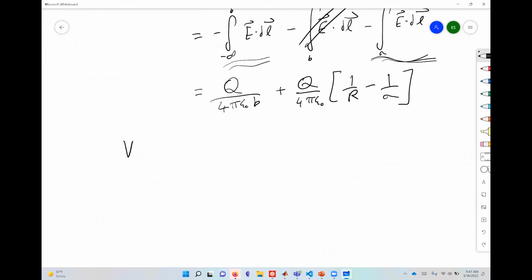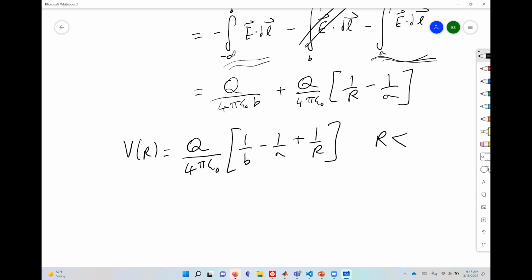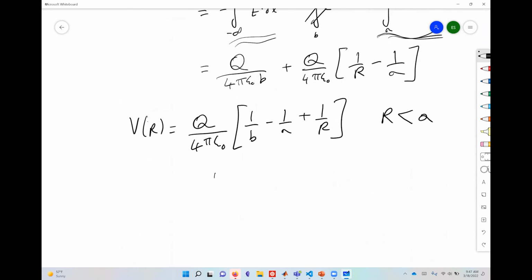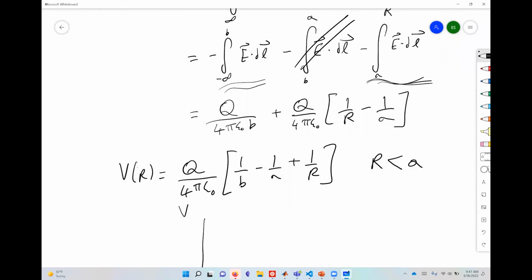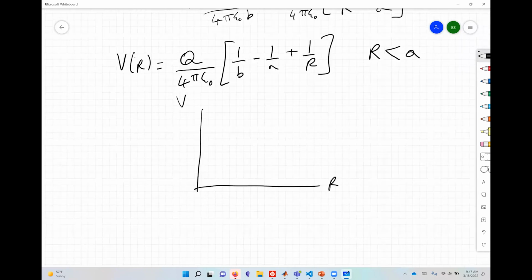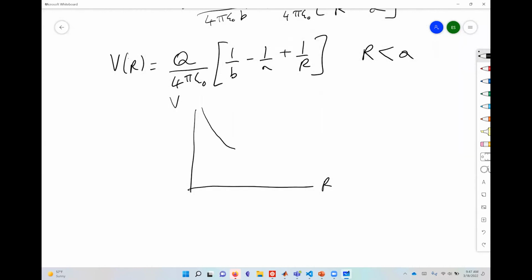So VR equals Q over 4 pi epsilon naught times 1 over B minus 1 over A plus 1 over R, for R less than A. So now we are ready to plot V with respect to R. It is some kind of inverse function with respect to R. What happens when R gets to A?